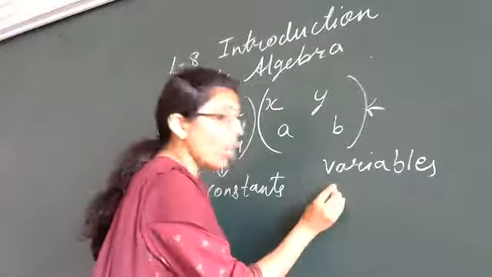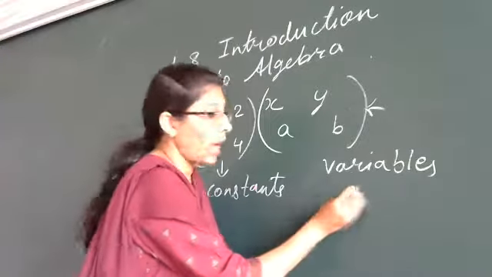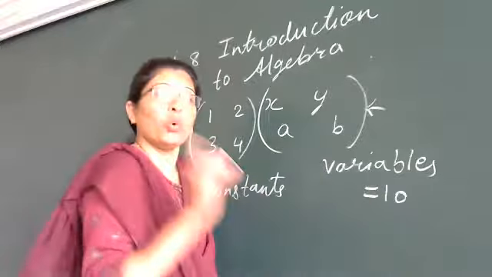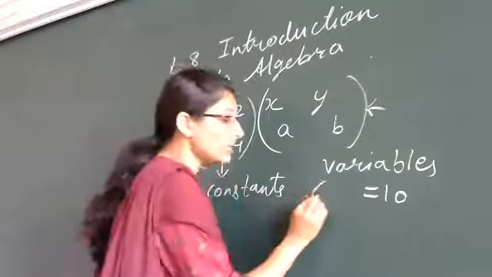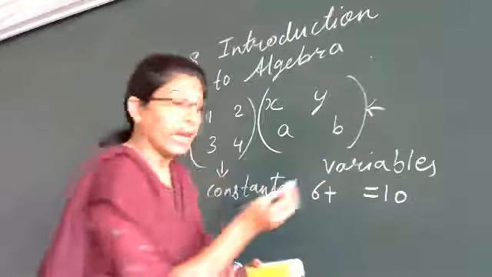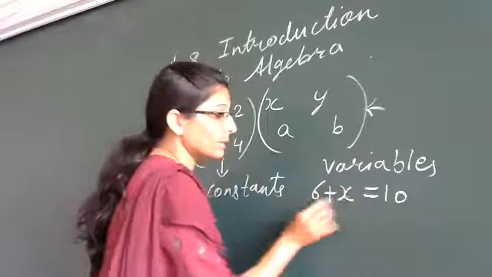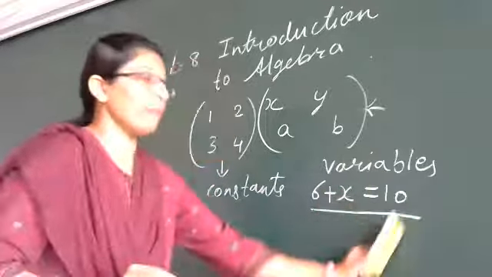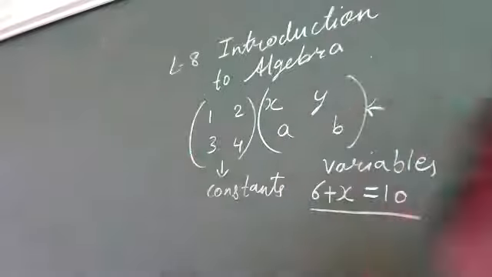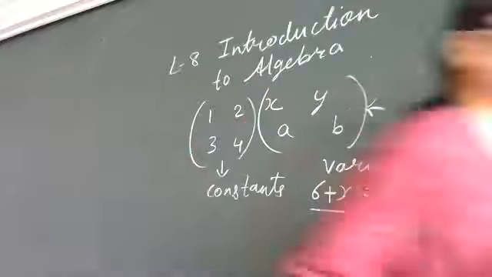The sum is given as 10, one number is given as 6, and we can take the other number as x. So this is the mathematical expression.